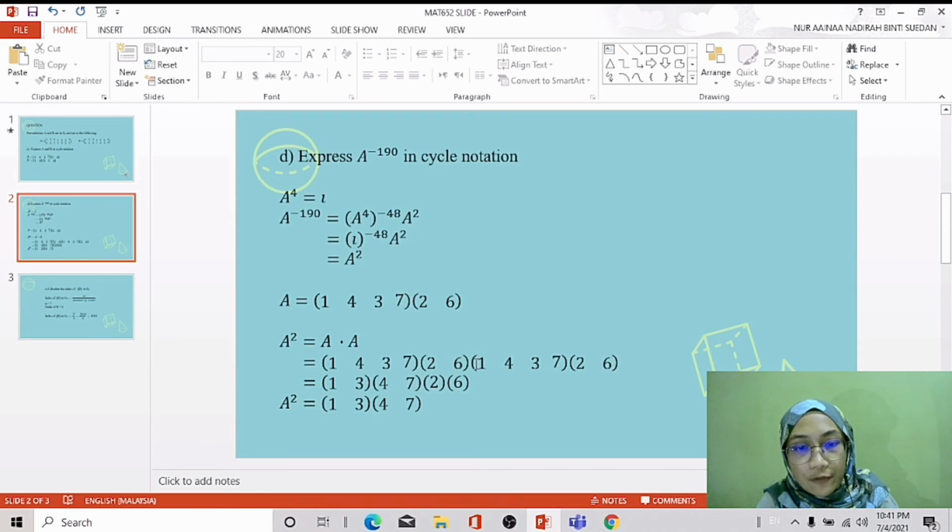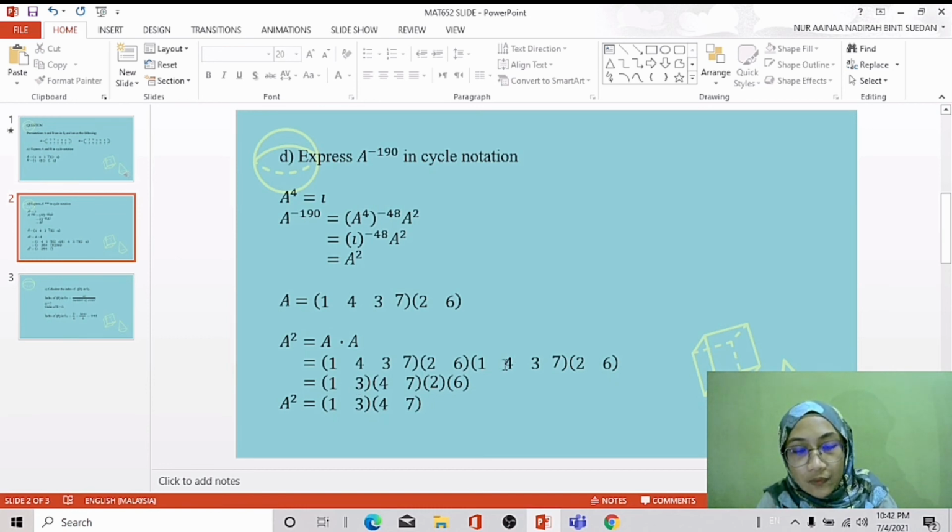We start from 1, we write 1. 1 goes to 4. Looking at the left side, 4 goes to 3, we write 3. Then going back to the right side, 3 goes to 7. Then on the left side, 7 goes back to 1. Since it goes back to 1, we just close the bracket. So we get (1 3).